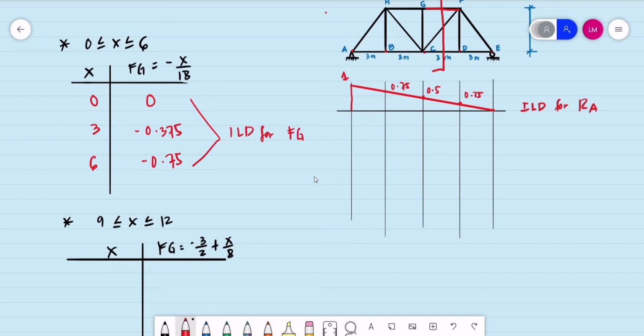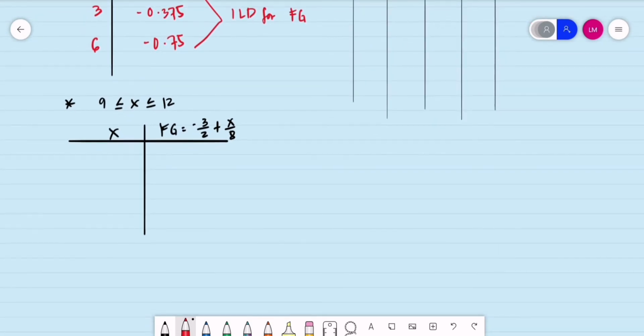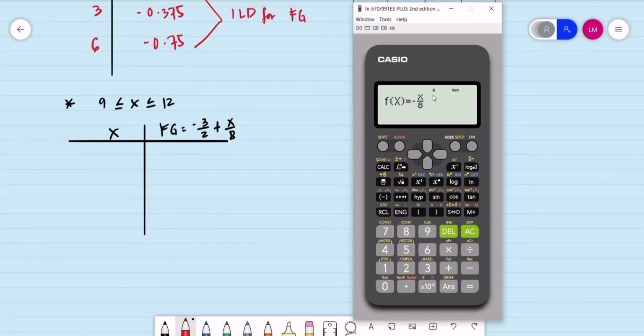Then for the next interval, after the cut sections, let's have our equation. This time our equation is negative 3 over 2 plus x over 8. We are starting at 9, ending at 12, and the step is every 3 meters.